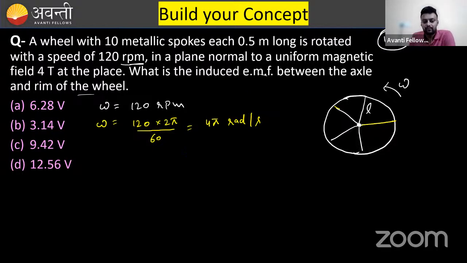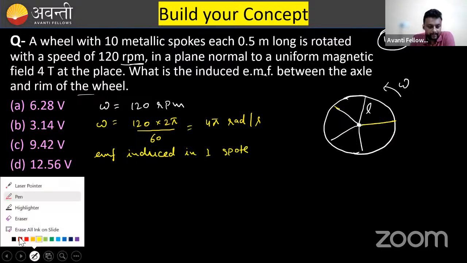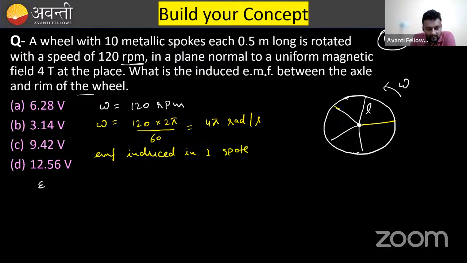Clear? Now, what is the EMF induced in one rod? I am not talking about the complete wheel, I am talking about one spoke. This EMF will be half B omega L square. If you put the values, half, and what is the magnetic field in the question?